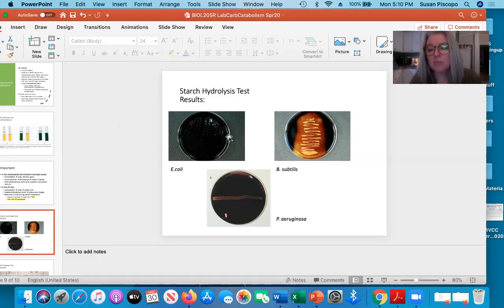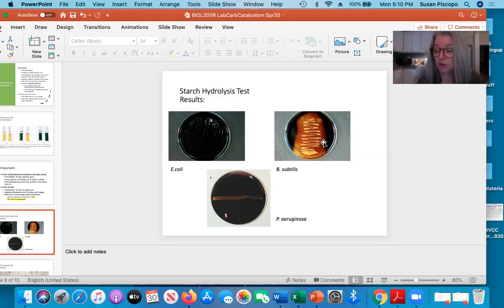Okay, now compare that to the Bacillus subtilis plate. You can see where the organism was streaked onto the plate and where it grew. We got growth there. And you can see this area around the growth where the media turned this clear color. It still has sort of a brownish tint to it from the iodine, but it's clear.